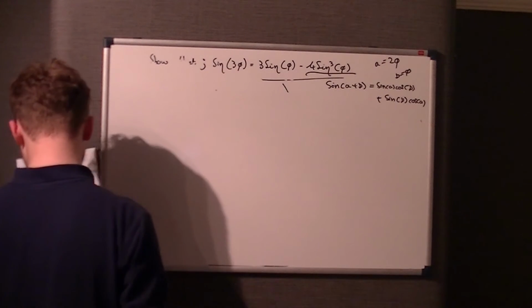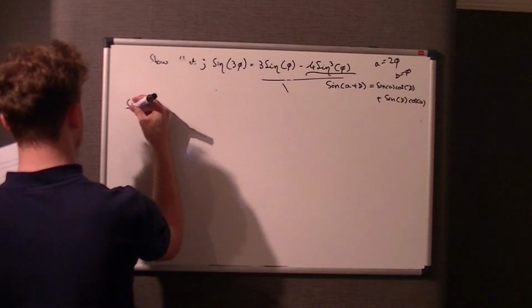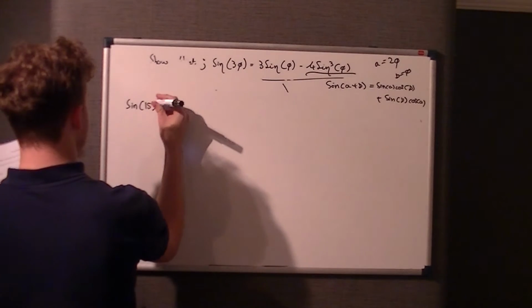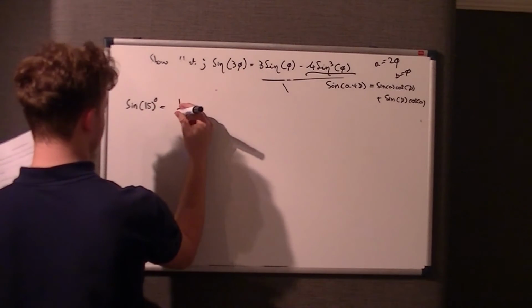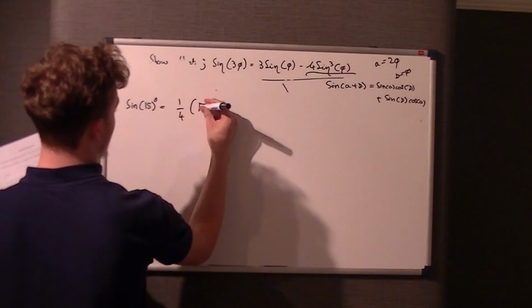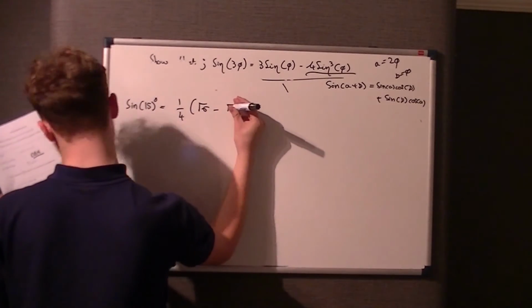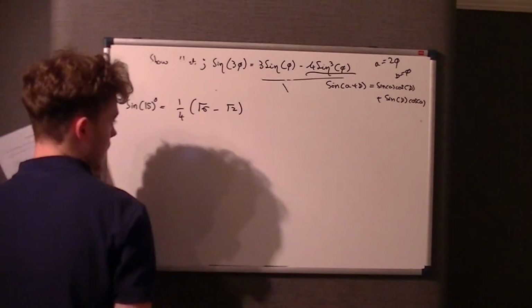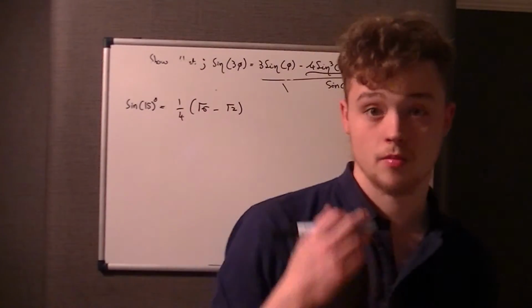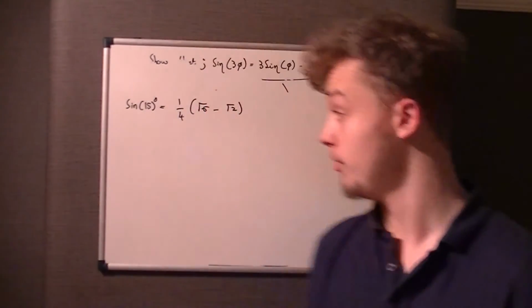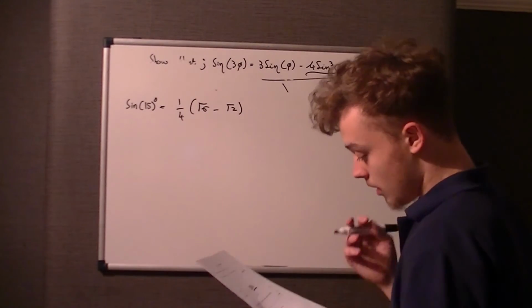We're showing that sin 15° is equal to a quarter times (√6 − √2), which is equal to (√6 − √2)/4. It's the same thing.